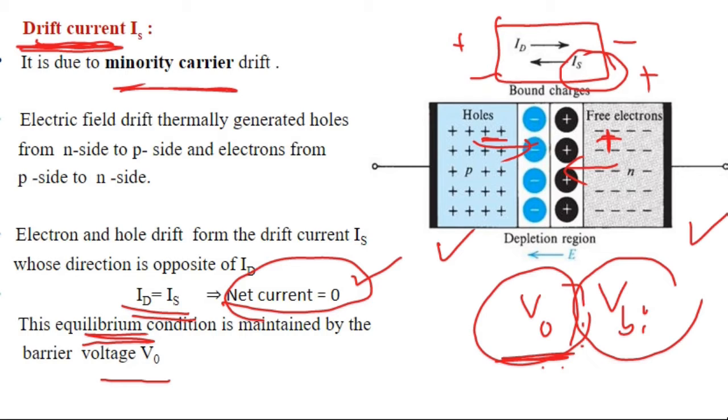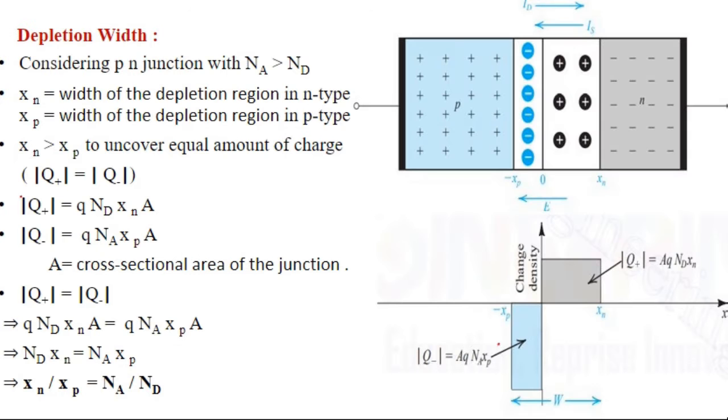Now let's see what the depletion width is and how it is related to our concentrations, that is the donor concentration in n-type and the acceptor concentration in p-type.